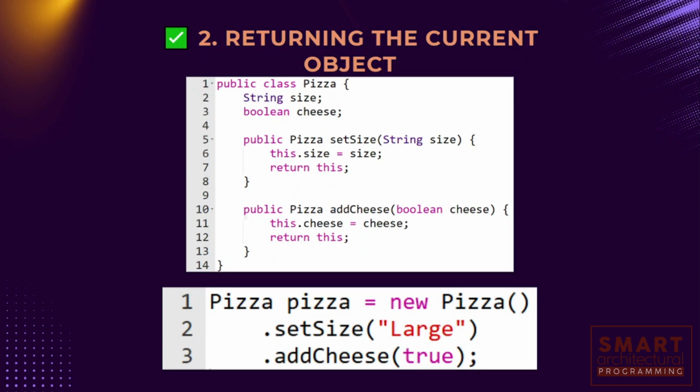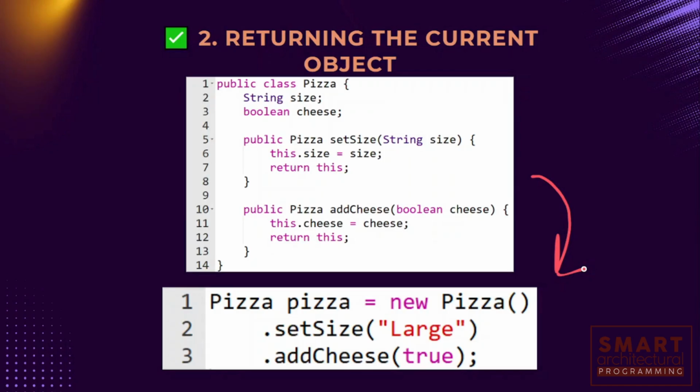Another example you can use is to return the current object. This is helpful for method chaining, which is especially common in builders or fluent interfaces. As you can see in the code here, method chaining works smoothly thanks to this keyword. And this is the class, and this is when we're trying to engage the instance of the class with different keywords to return the current object.